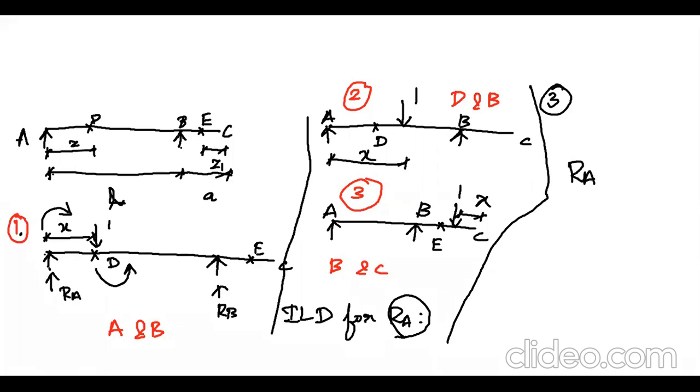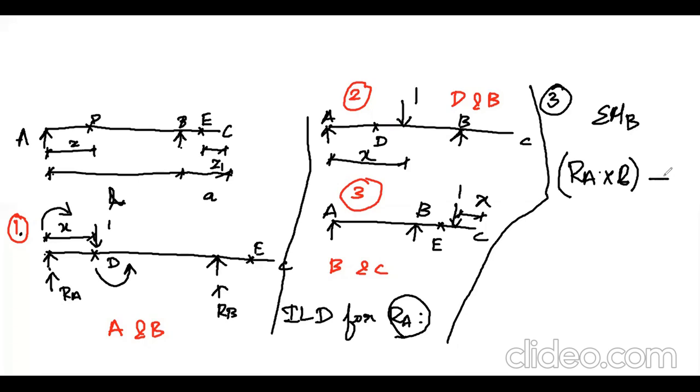RA into, when I am taking moment about the point B with respect to figure 3, that is the third condition, RA into its corresponding perpendicular distance is L, that is small l or capital L, whatever you may assume.